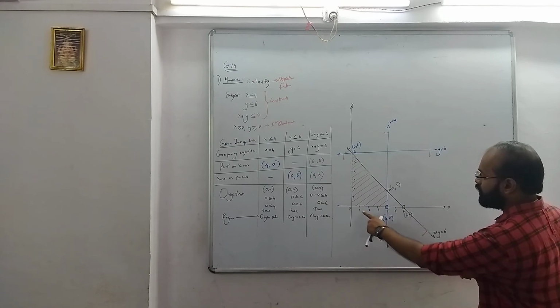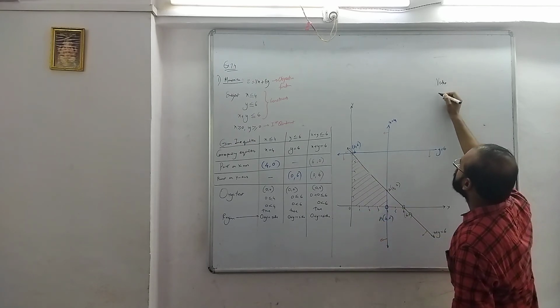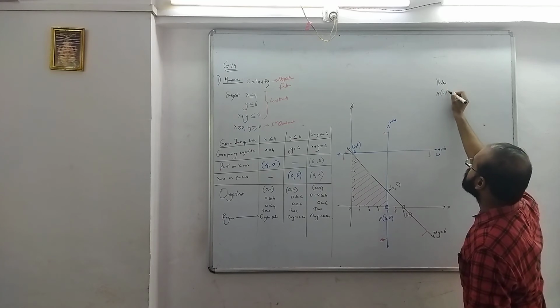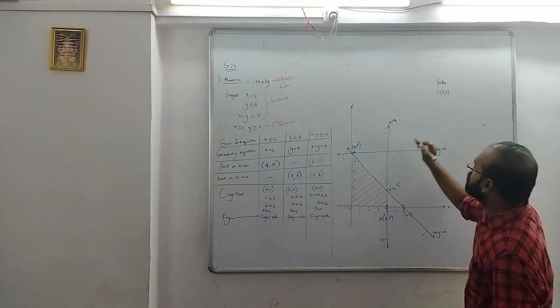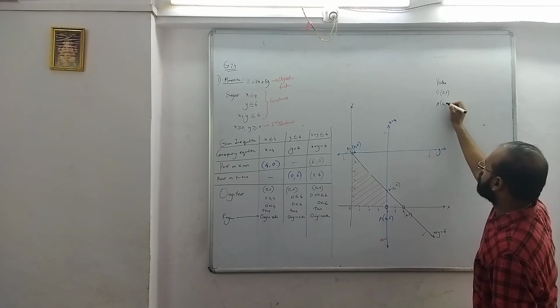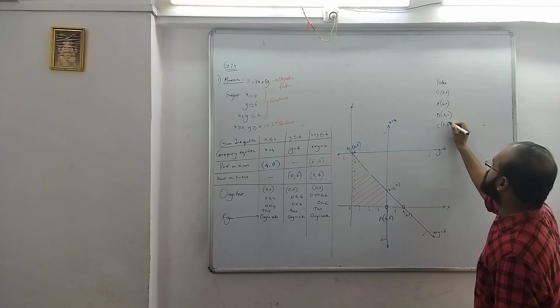So I am getting four points, the vertices. First is O, the origin (0, 0). A is (4, 0), B is (4, 2), and C is (0, 6).